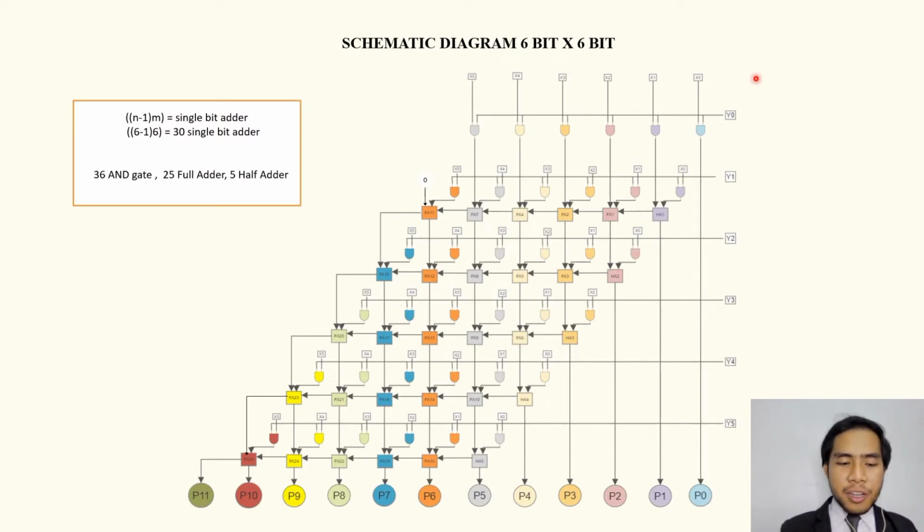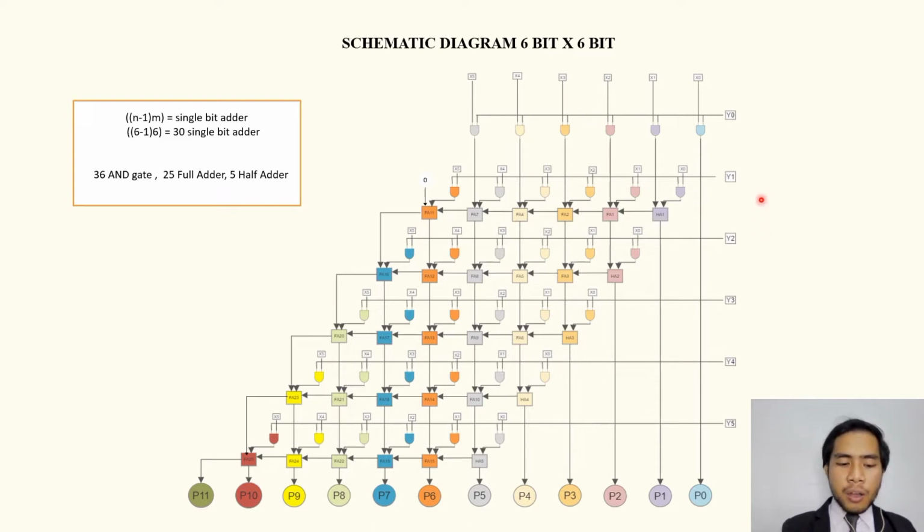The combination of AND gates with 1-bit adders is needed to design the schematic diagram of the 6-bit times 6-bit multiplier. A 1-bit adder accepts two 1-bit binary numbers, A and B, and a carry input C in, and outputs sum and carry out C out. A 1-bit adder can be a half adder or a full adder.